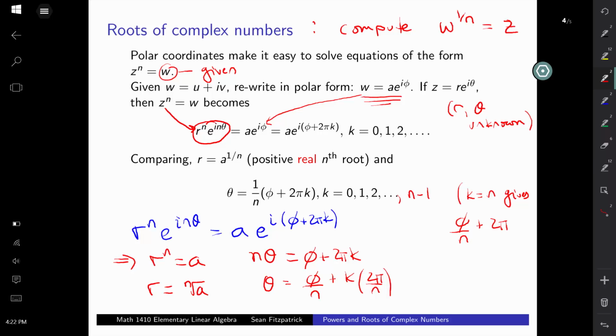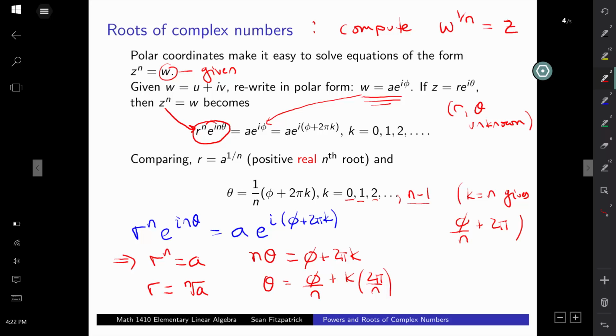And then we know that adding a multiple of 2 pi is going to take us back to where we started. So all together, you notice that you do get 1, 2, 3. For k equals 0, that's one solution. 1 is another solution. 2 is another solution. All the way up to n minus 1. That's a total of n different solutions to this problem.